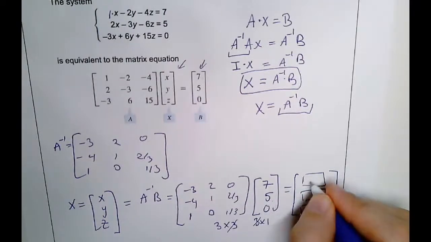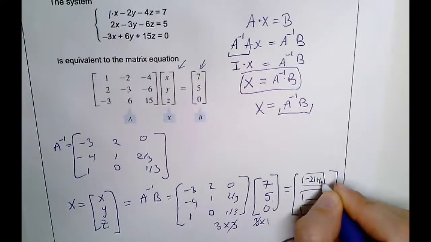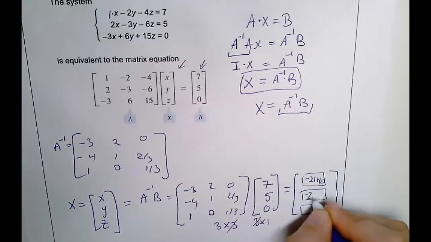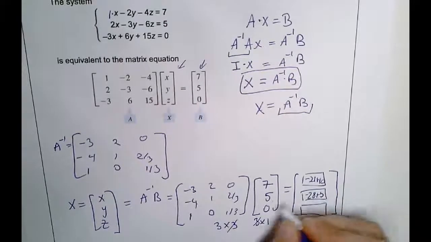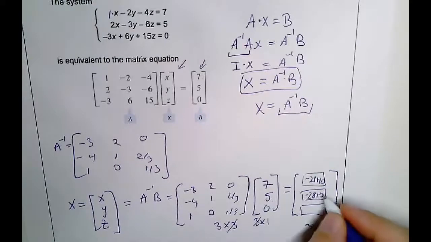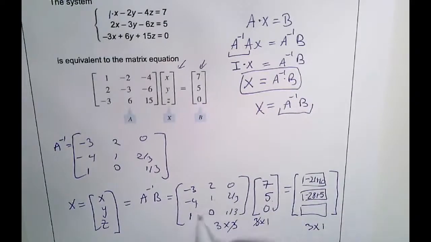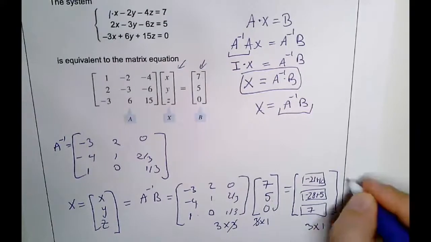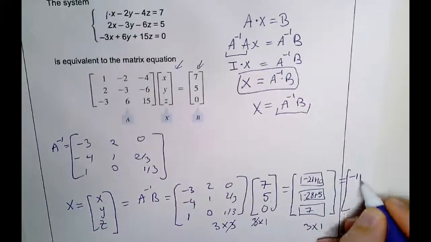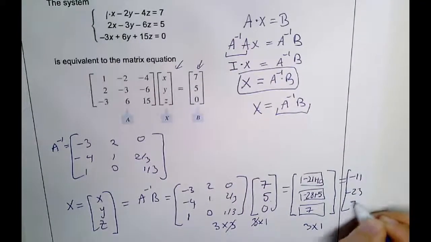And then negative 4 times 7, negative 28, plus 5, plus 0. And then 1 times 7 is 7 plus 0 plus 0. So it's going to be negative 21 plus 10, negative 11, negative 23, and then a 7.